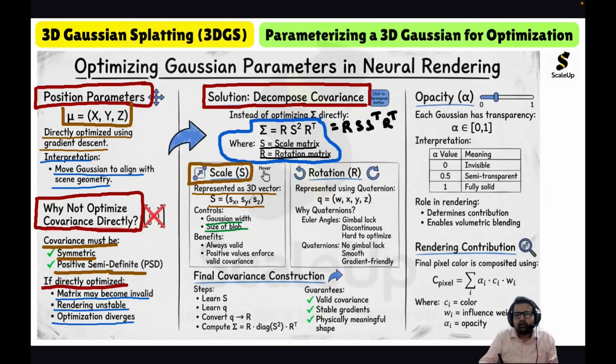Now for this scale, there is no constraint that it has to be symmetric or positive semi-definite. And because there is no constraint, it will always be valid. Positive values enforce valid covariance. And this scale cannot be negative. So scale will always be positive and it will always be valid.